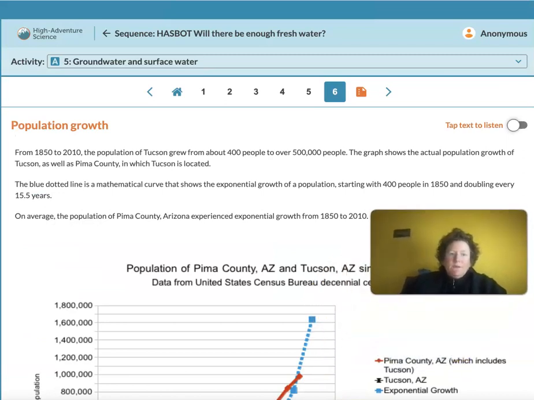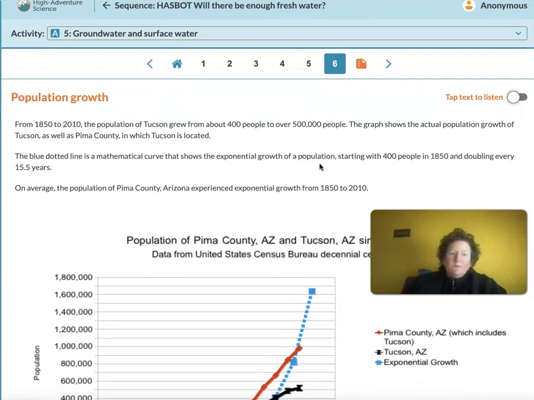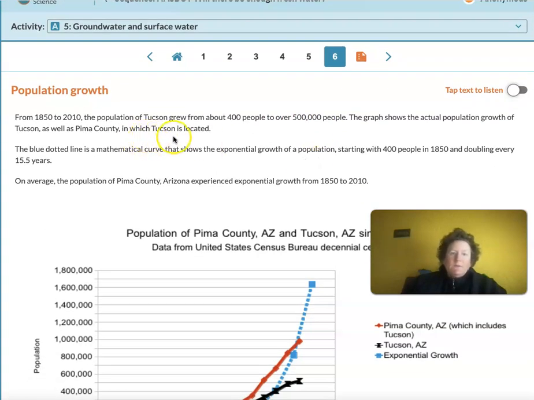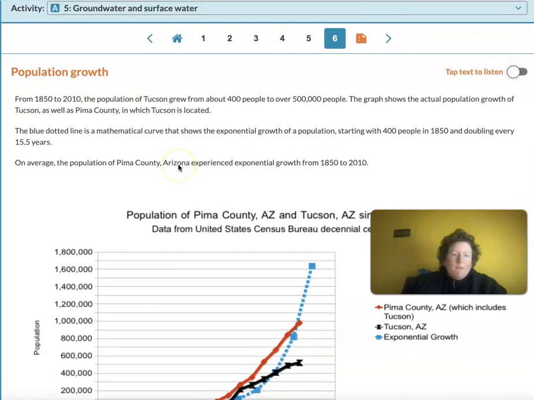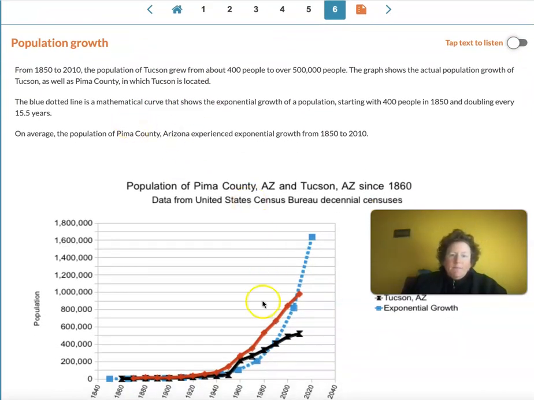From 1850 to 2010, the population of Tucson grew from about 400 people to over 500,000 people. The graph shows the actual population growth of Tucson, as well as Pima County, in which Tucson is located. The blue dotted line is a mathematical curve that shows the exponential growth of a population starting with 400 people in 1850 and doubling every 15.5 years.